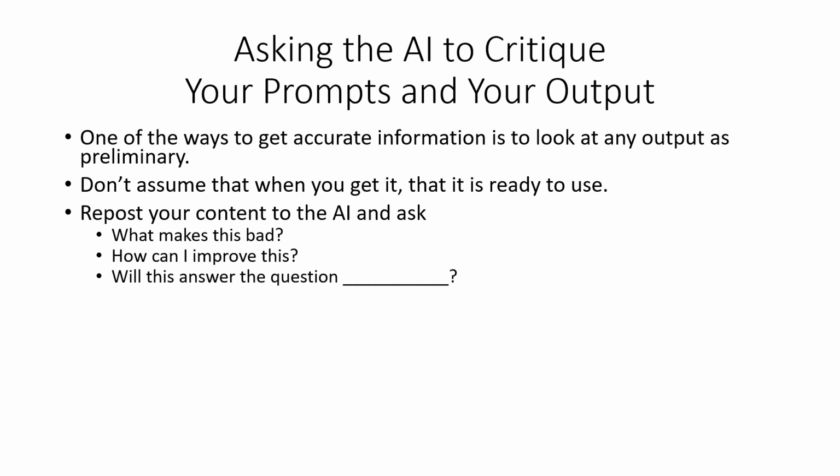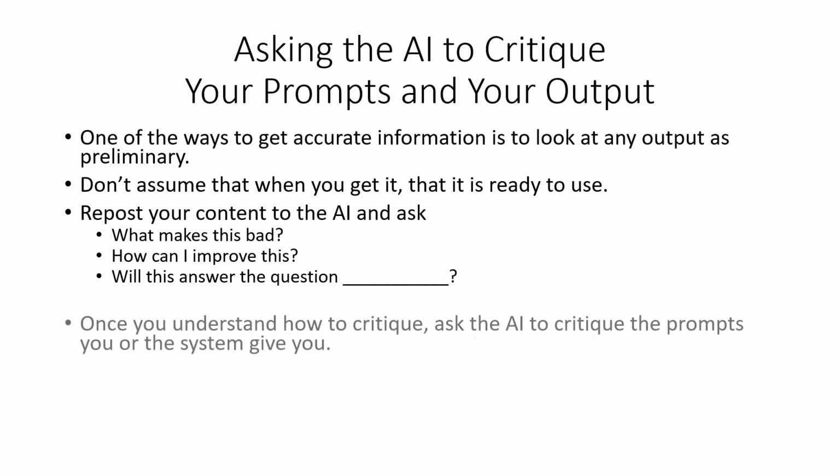You can then ask the AI, will this information answer this question? All you're trying to do is get the AI to give you more accurate information, not necessarily more. We don't want it to pile on information. That's not what we're looking for. We're looking for accurate information.